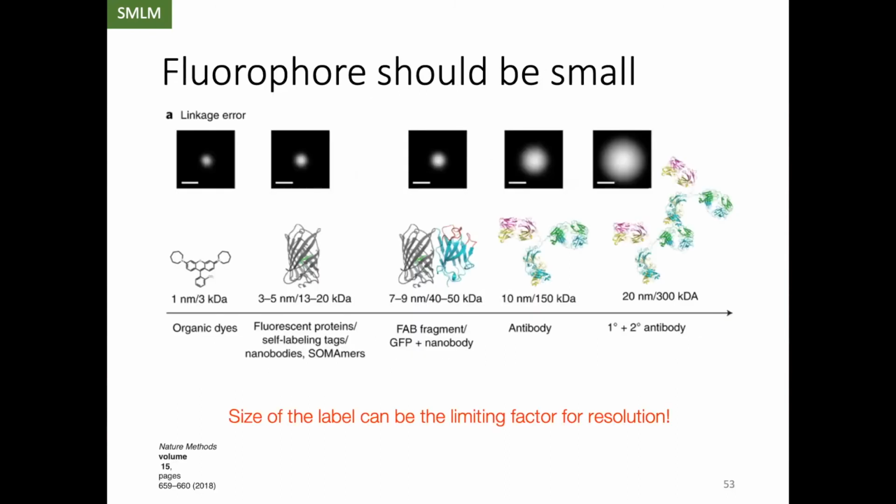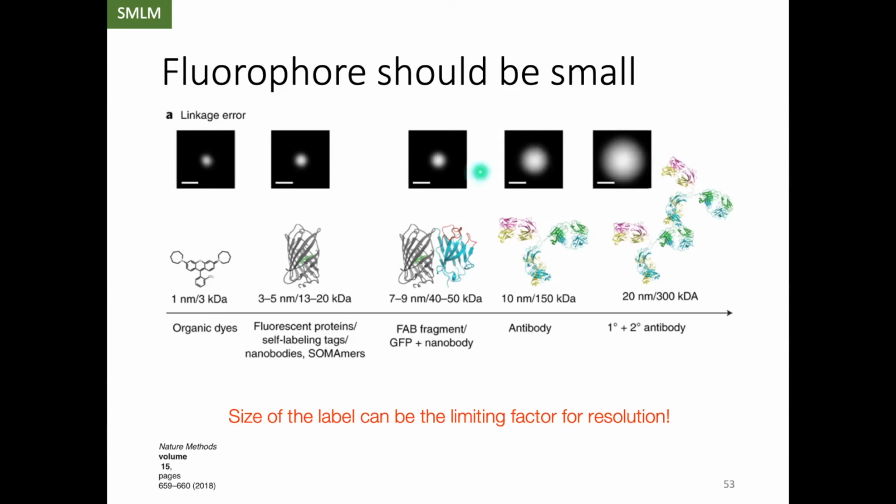What other things can you do? When you look at small molecule dyes, this is an organic dye, some kind of photo-caged rhodamine derivative. It's small, right? 1 nanometer. But if you go to proteins, a lot of detection in biology is done by antibodies. If you have, for example, an ELISA test in biology, you have a first antibody, and then a second antibody, which binds to the first antibody, and that antibody has a fluorescent protein.